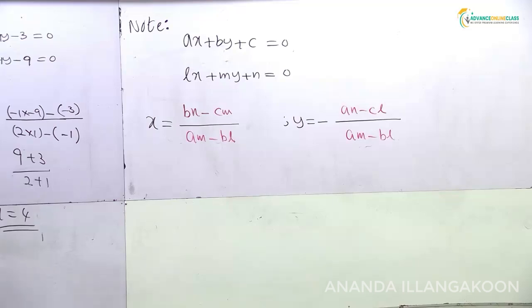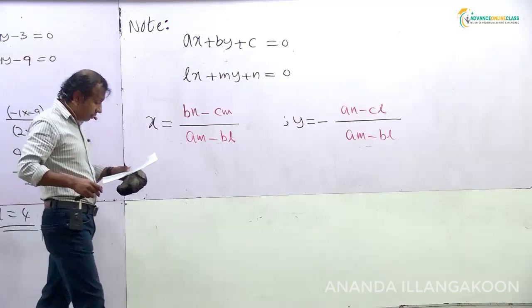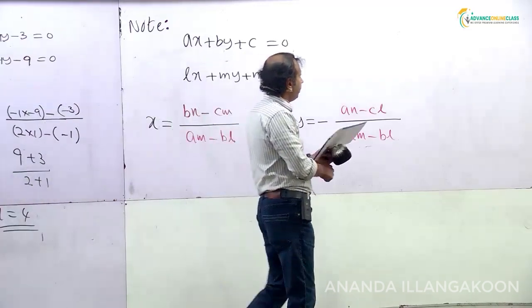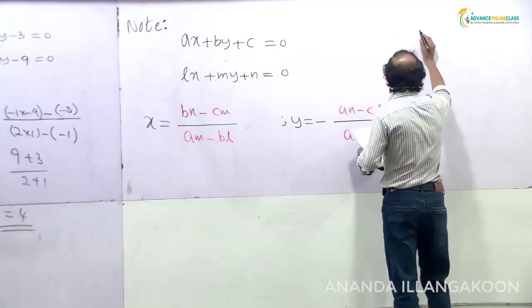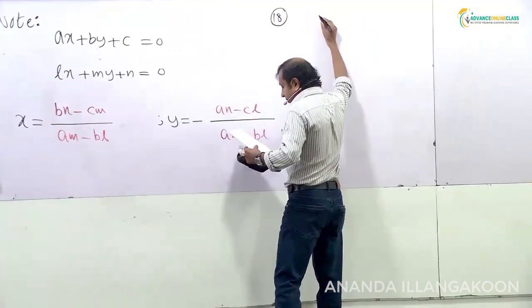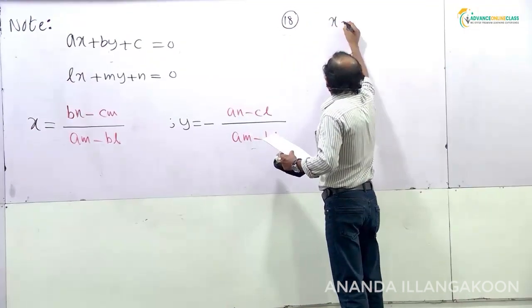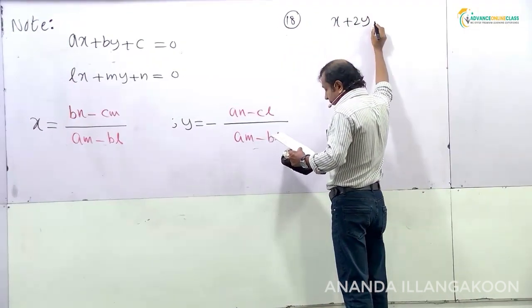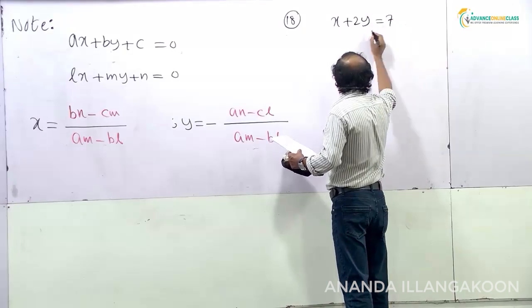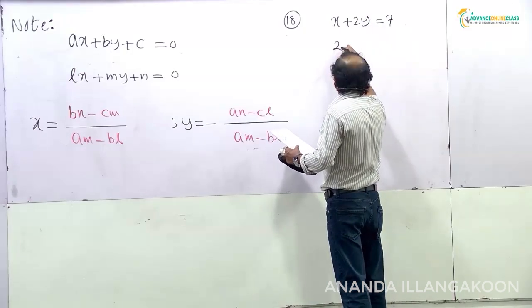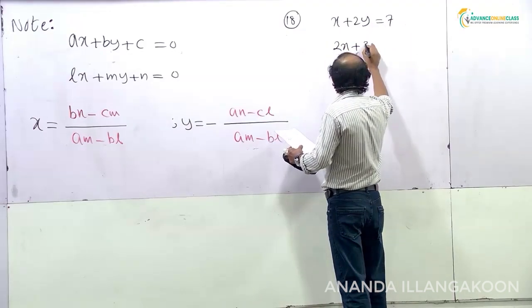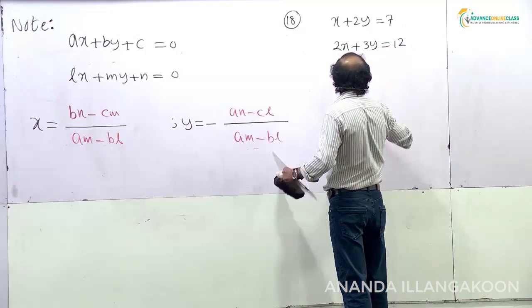Shall we take the question number 18 part 6? 18 part 6. X plus 2y equals 7. 2x plus 3y equals 12.